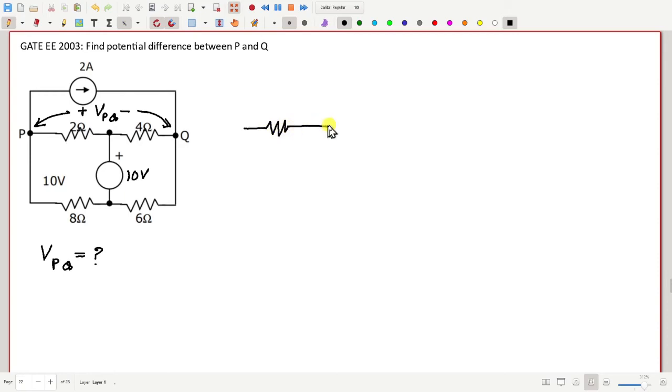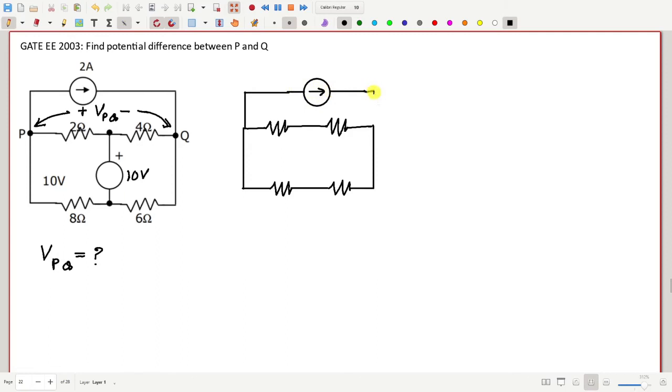Let me first take the current source, and then what should happen to the voltage source?